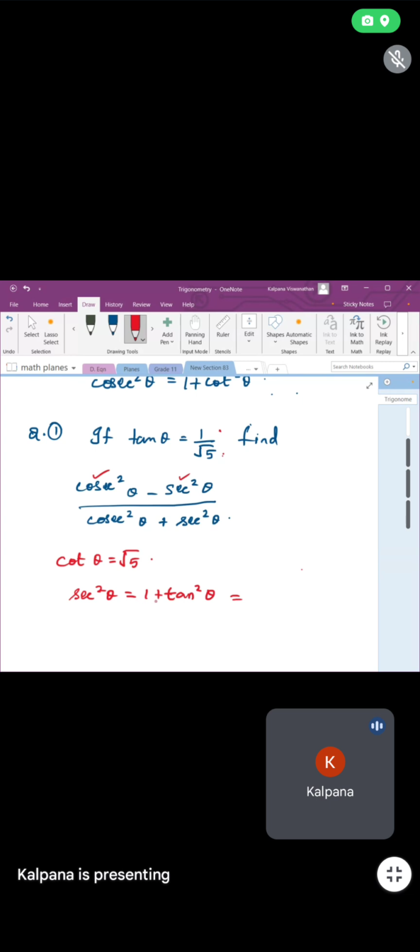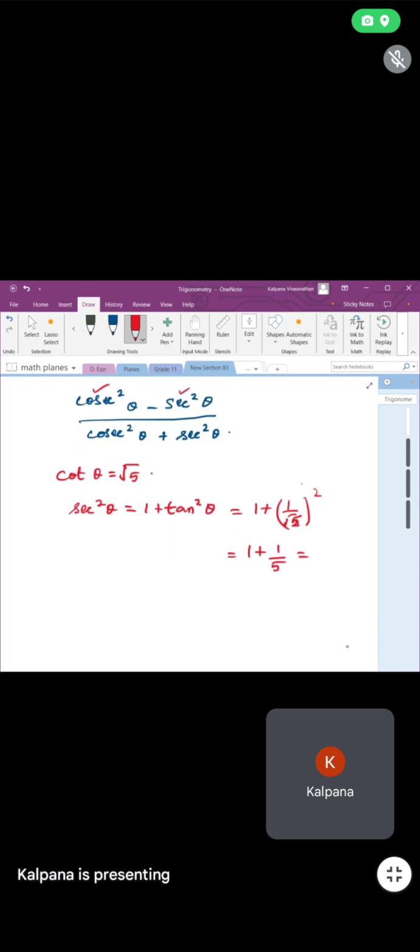Secant square theta is 1 plus tan square theta, so that is 1 plus 1 by root 5 the whole square. 1 plus 1 by 5, so the answer is 6 by 5. So secant square theta is equal to 6 by 5.